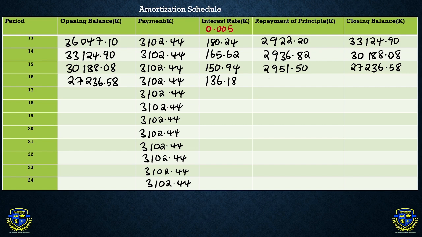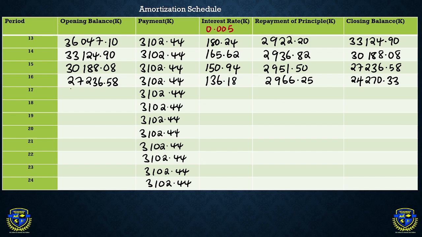It's going to give us 2,966.25. Subtracting this from the opening balance, you are going to have a 24,270.33.